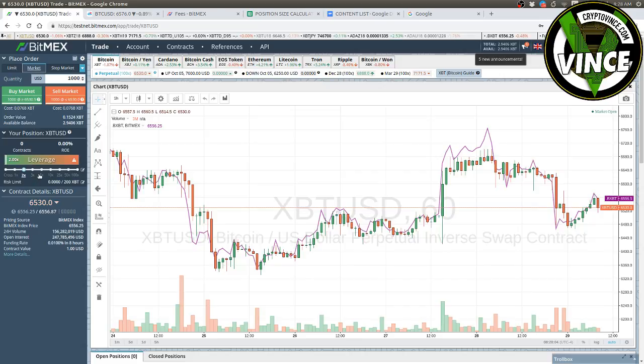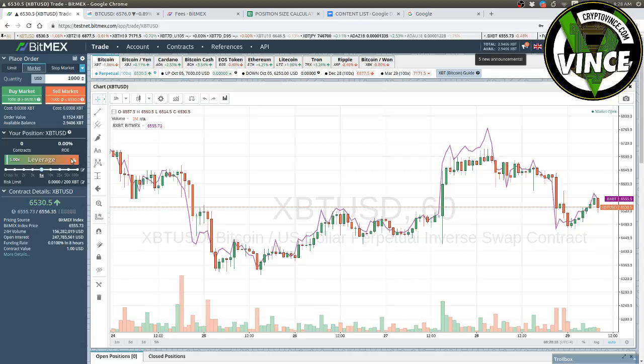The leverage is like borrowing money. I'm asking BitMEX to lend me money so I pay less for my position. If I use 2 times leverage, my cost will be cut in half. If I use 5 times leverage, my cost will be cut 5 times, and my position size will always be the same.